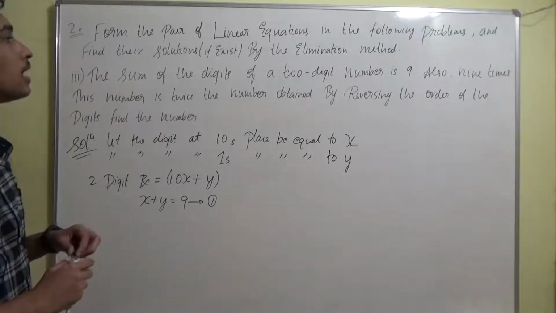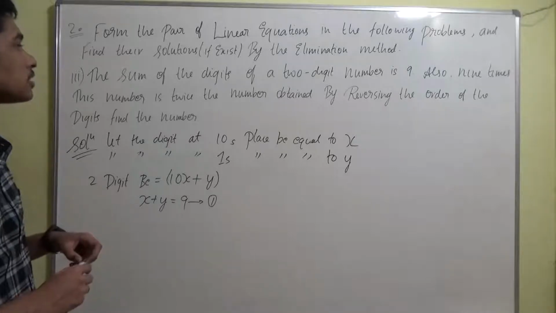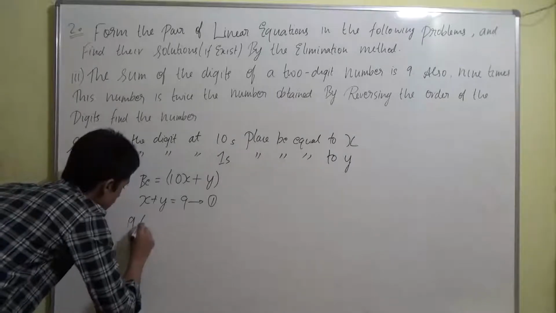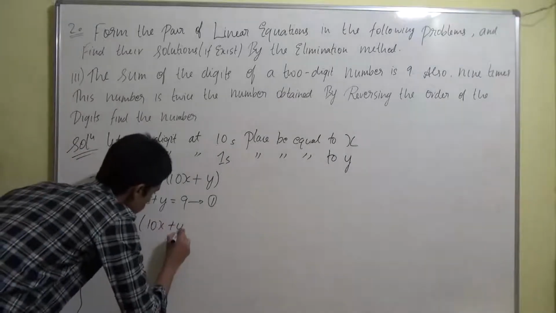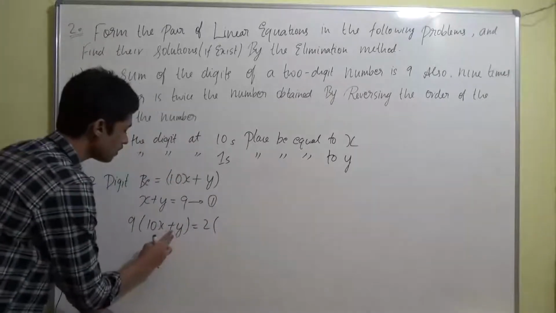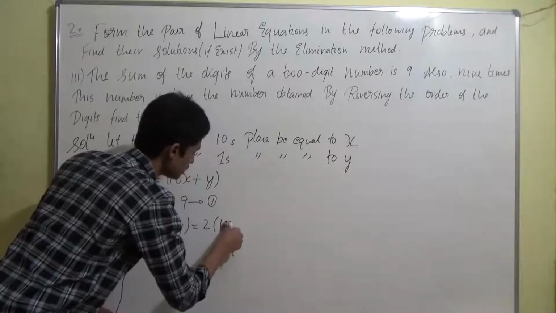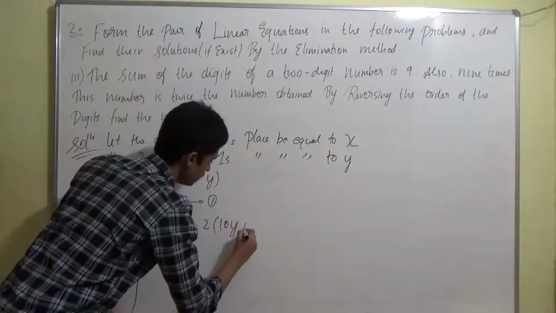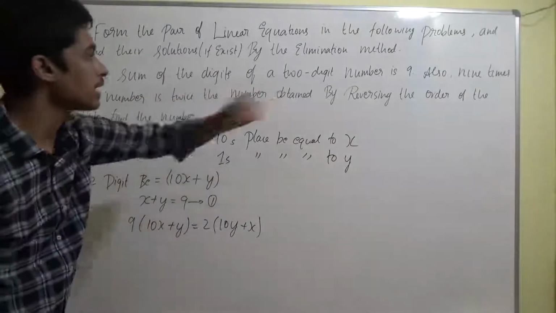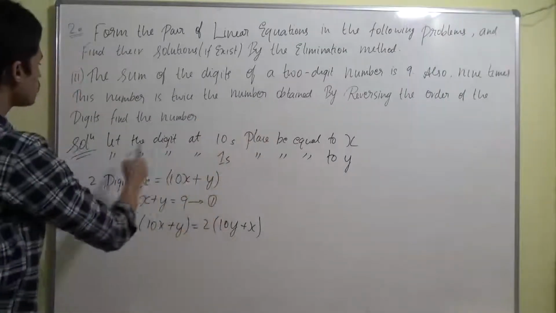The second equation we'll get from: 9 times this number is twice the number obtained by reversing the order of the digits. Reversing the digits means y comes in the tens place and x comes in the ones place. So 9 times this number is equal to twice the reversed number.